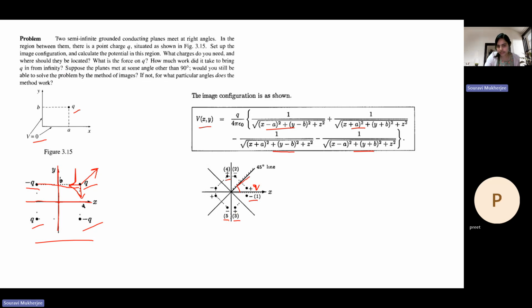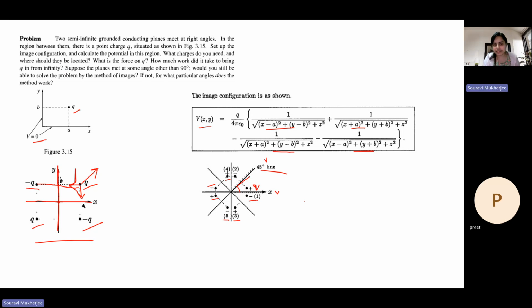So you have to go on in a series so that the net field here and the net field here should go to 0. So how do you balance it, right? So similarly, so that the field becomes 0 here, you have to have something here and here. So these are all the different bound charges, image charges that you have to bring in. Okay. So that means here it's possible. So even if you have 45 degrees, you can actually have a combination of charges which satisfies your condition.